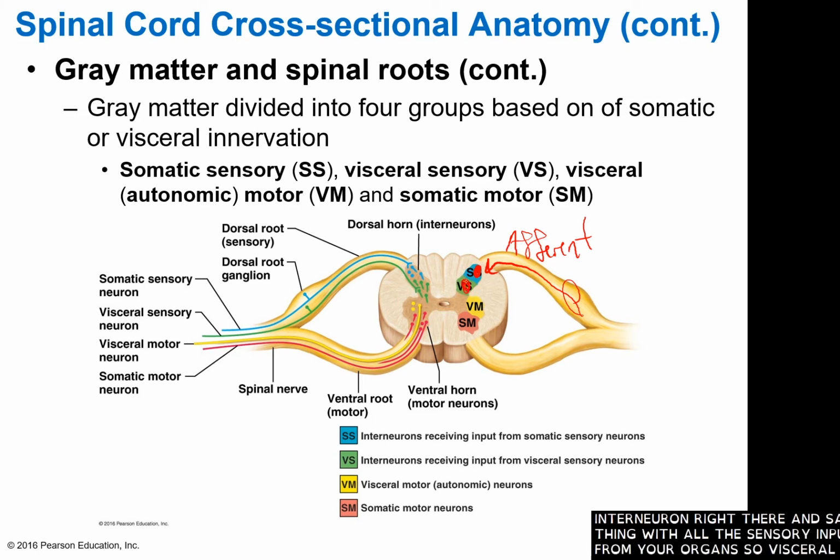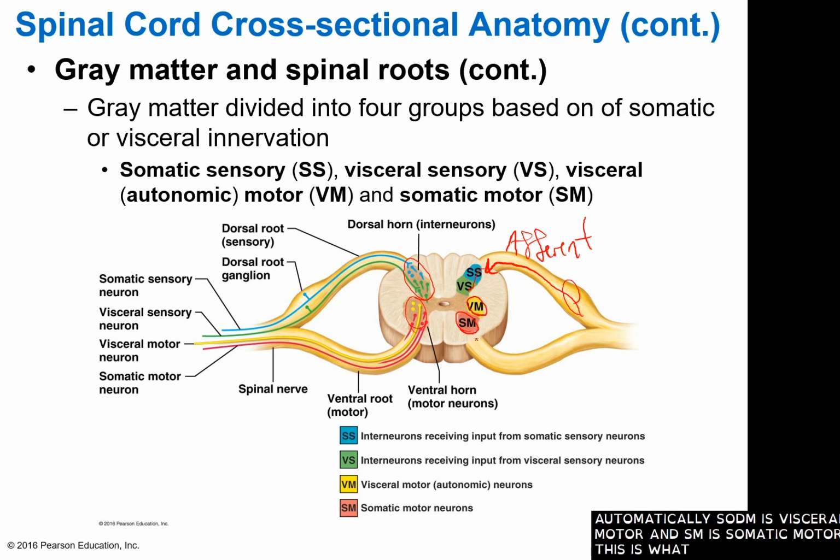So visceral sensory is here as well, or VS. So here it hits an interneuron, showing all these little interneurons in here. And then it could go different ways. Here, visceral motor. So anything that's autonomic is going to be a visceral motor output. You don't have to tell yourself to digest your food. Your body handles it automatically. So VM is visceral motor, and SM is somatic motor.